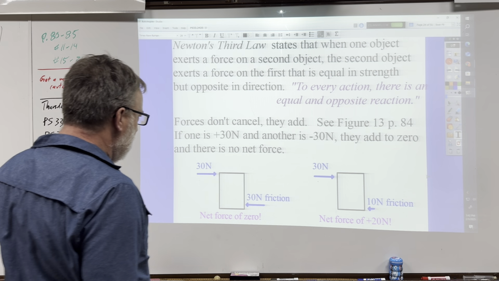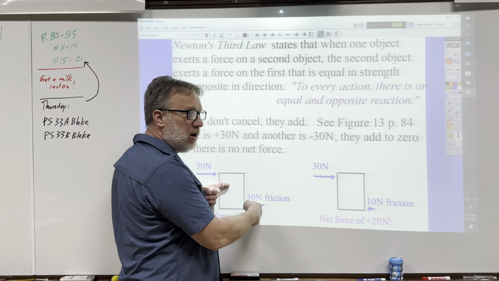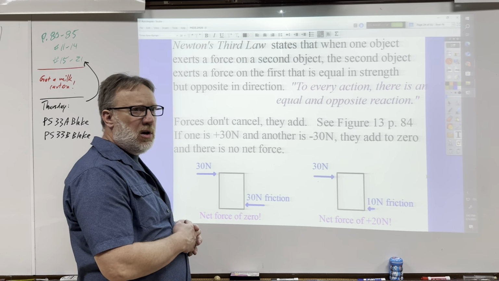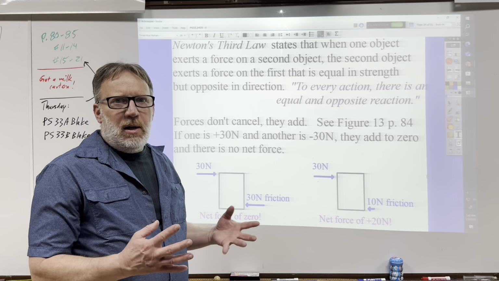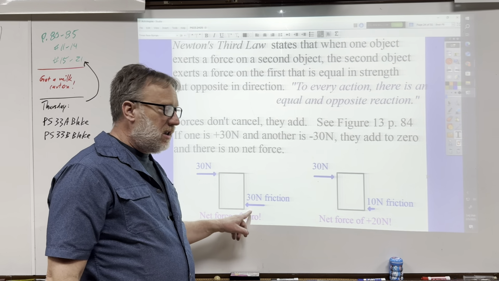If there's a 30 Newton push this way, but the floor is exerting 30 Newtons of friction, it's not going to accelerate. It's going to keep the velocity that it has. And its velocity probably starts at zero, and it's going to keep it at zero. The point is the net force is zero, because 30 positive minus 30 is zero.